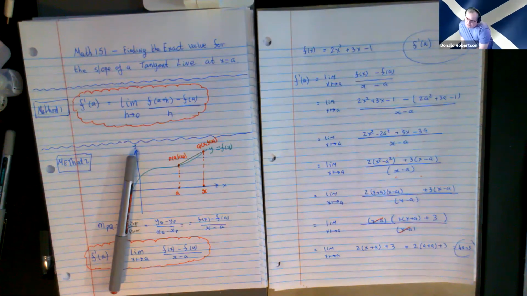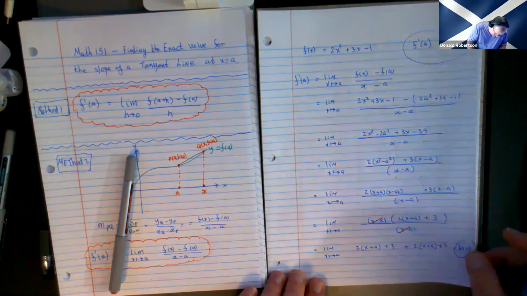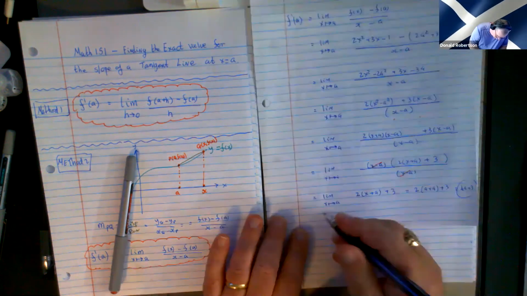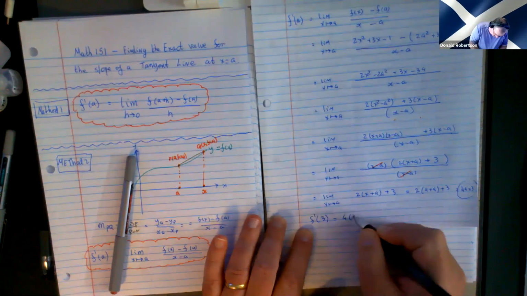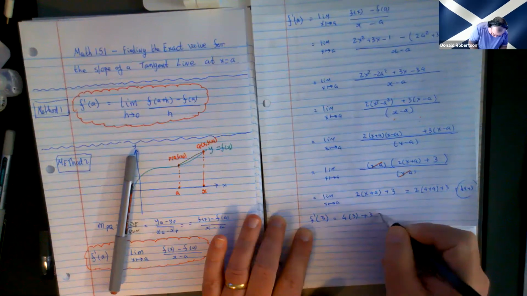Would you agree the math is quite different from how I would have approached that question if I did the h tends to 0 formula? I think it's significantly different. Now, since I've got that guy, if I wanted to know the slope of the tangent line at 3, wouldn't the answer just be 4 lots of 3 add 3, which is 15?